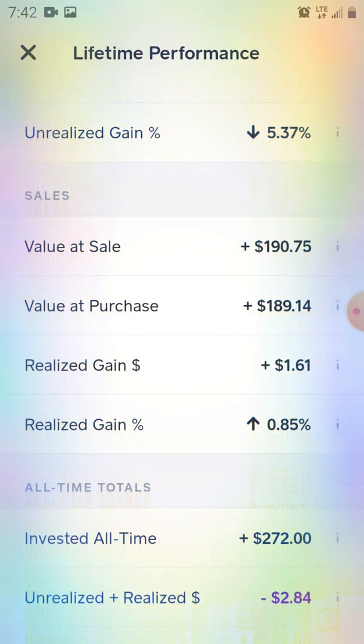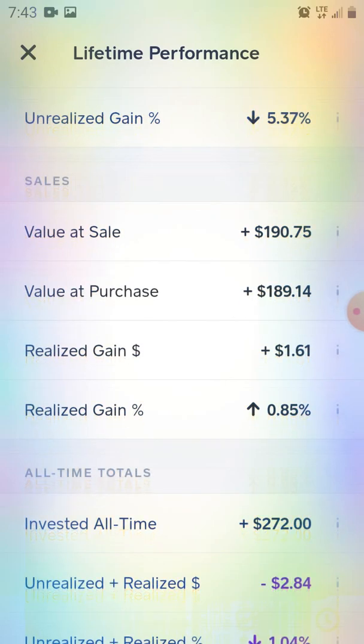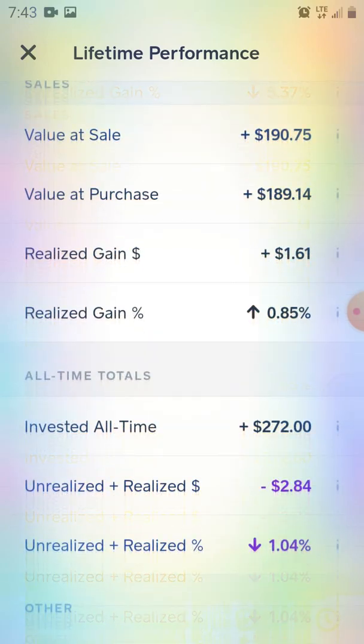So this realized gain right here is what you've actually made off the stocks that you've sold already. And it was like $3 or $4, but then I made a bad sell. I got nervous when the stock fell low, and I sold a little early, so I lost a couple of dollars there. So I would have had a higher realized gain.